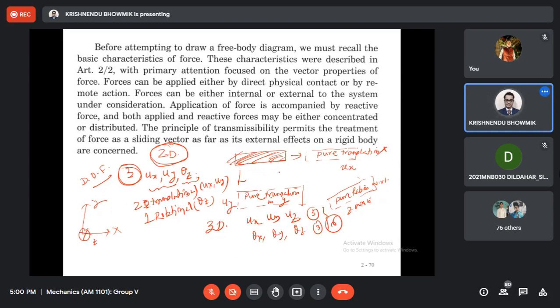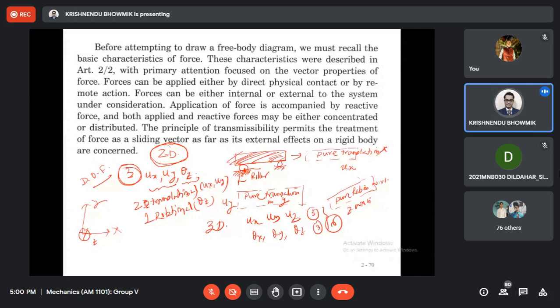Say for example, I have kept here one roller. What will the roller do? In the y direction, translational degree of freedom will be restricted, but it will allow, maybe here also another roller.